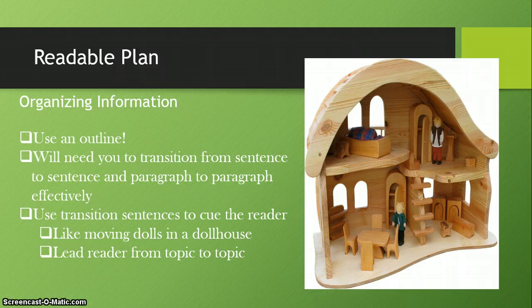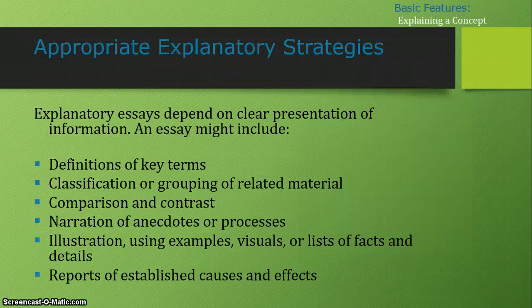However, if the doll were to walk across the floor, walk down the stairs, turn the corner, and face the other doll, it'll make a whole lot more sense how it got there, instead of just jerking it down and putting it right in front of the other doll. You want to make sure that this is a seamless process and that you guide your reader through your essay seamlessly and that it makes sense to them.